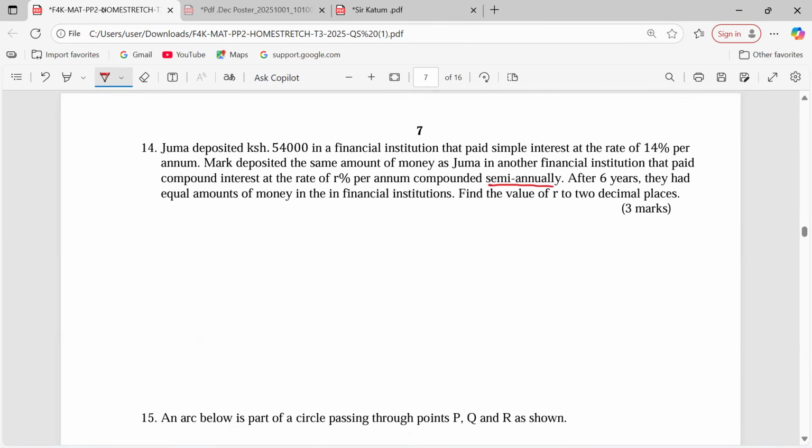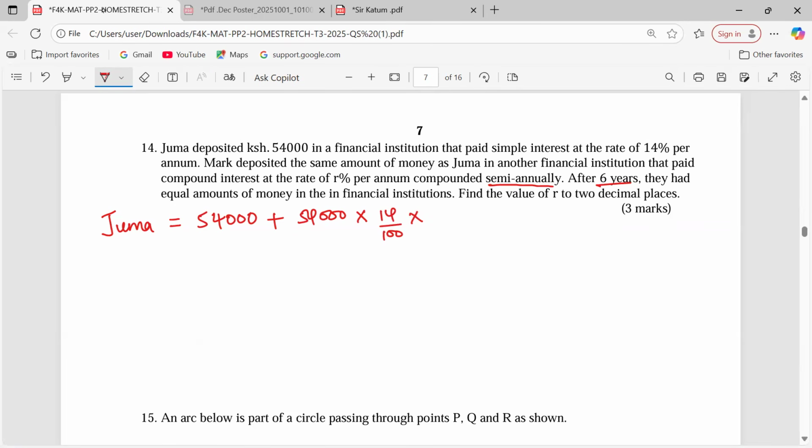Therefore, in the first case of Juma, we can get the amount Juma is having. So Juma's amount shall be given by the principal, 54,000, plus the simple interest. And simple interest is given by principal times rate, which is 14%, times the number of years.